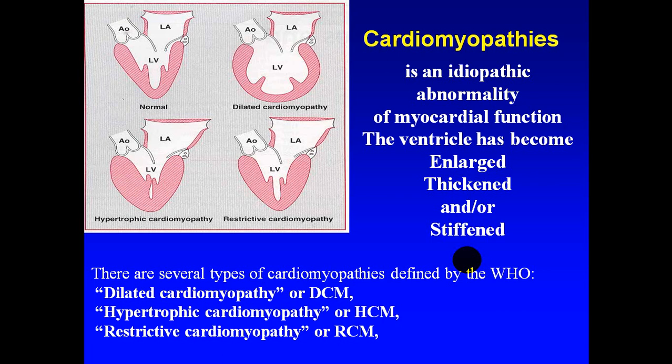Cardiomyopathy is an idiopathic abnormality, again most frequently genetic. The ventricle becomes enlarged, thickened, or stiff. These are the three types, as we said: dilated, hypertrophic, and restrictive cardiomyopathy.